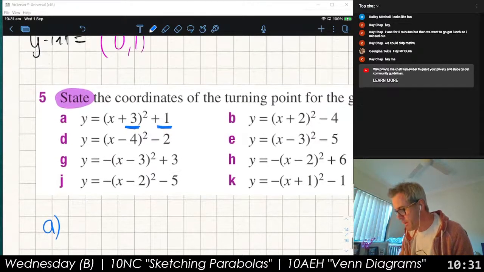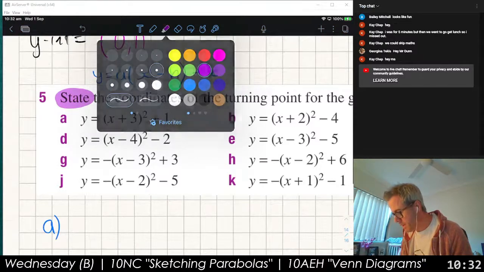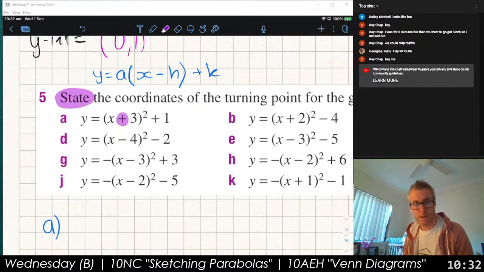Remember, our formula, and I'll quickly write it, is y equals a(x minus h) squared plus k. But have a look at this here. If we zoom in, this value here is a plus. How the heck can we go from a negative to a plus?